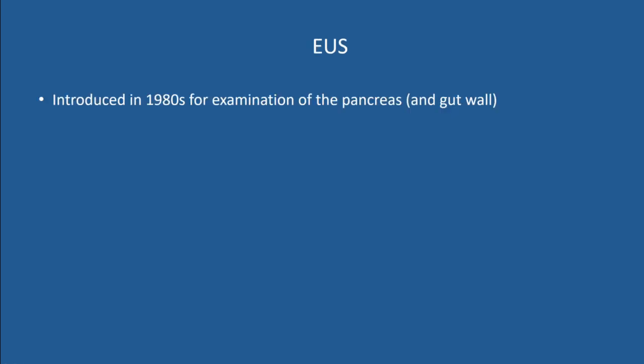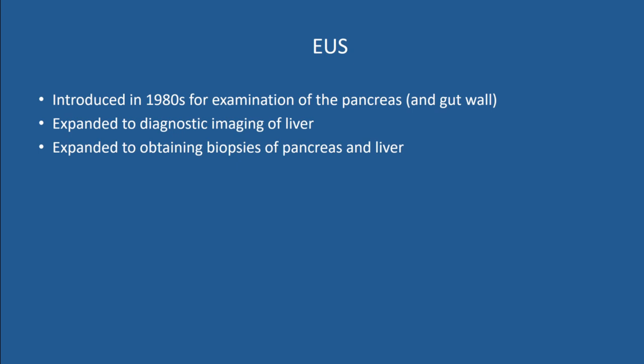What is EUS? It was introduced in the 1980s for examination of the pancreas and the gut wall. It was the easiest way to visualize the pancreas because the pancreas is really hard to get to. It was then expanded to diagnostic imaging of the liver. Then they said, while we are there, why not take a biopsy? So then they started obtaining biopsies of the pancreas and the liver.